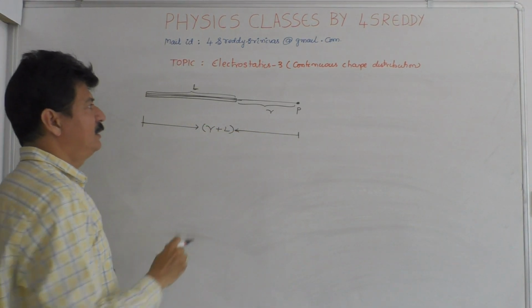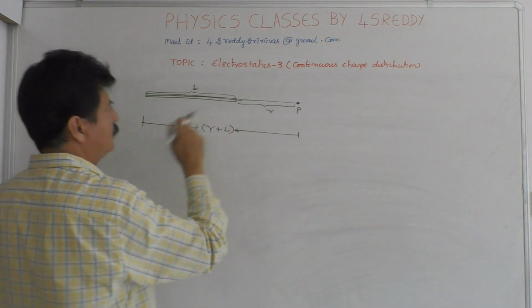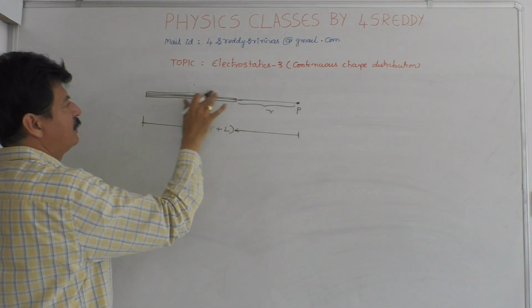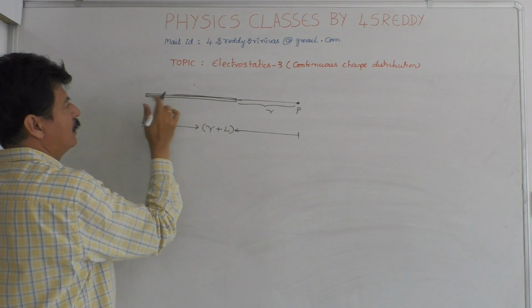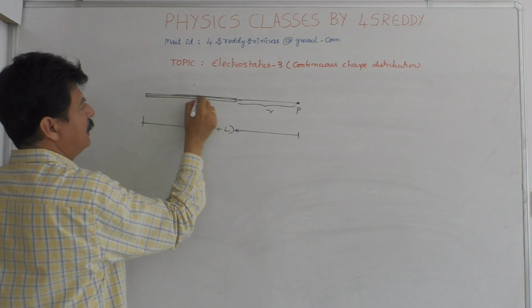If you are going to find the field at P due to this rod, then first we have to consider an elemental length.